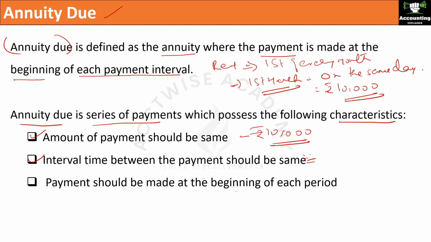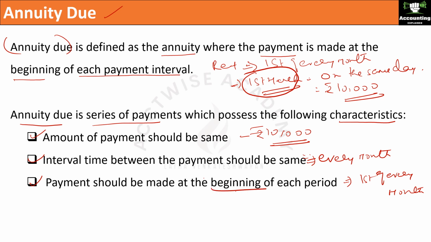Interval here is every month you are going to pay rent. Payment should be made at the beginning of each period. So you have made the payment on 1st of March, 1st of every month. That is the beginning of each period. So if an annuity qualifies all these 3 characteristics, then you can say that it is annuity due.